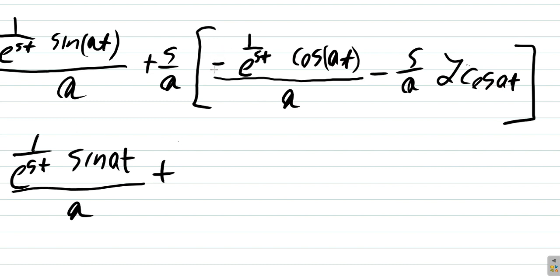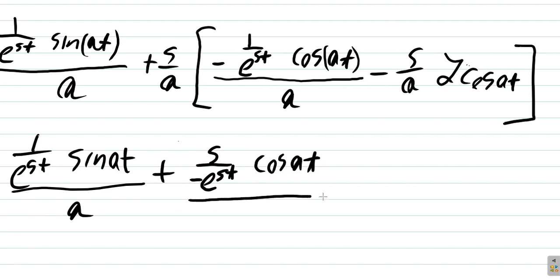Let's multiply out. So this is going to be s multiplied by this. So this is going to be s over negative e to the st cos at all over a times a.